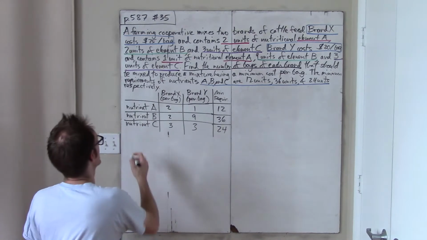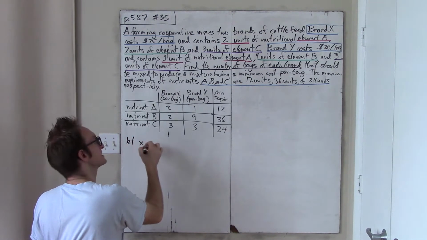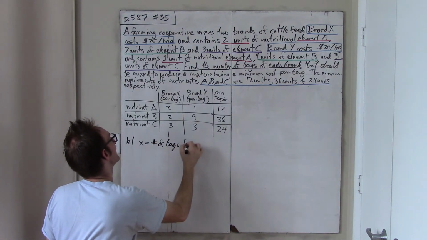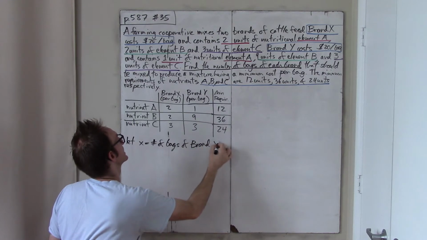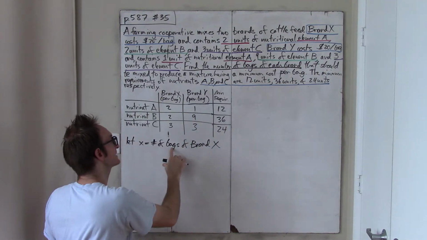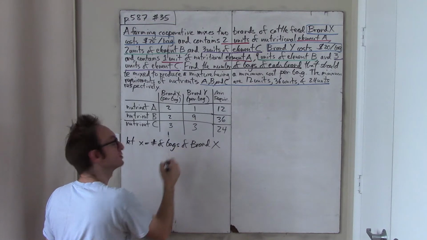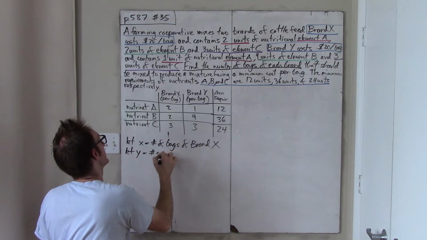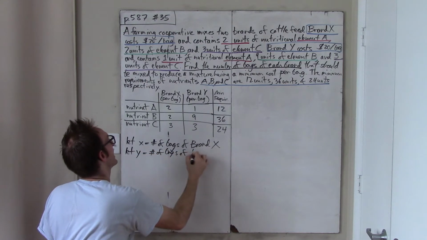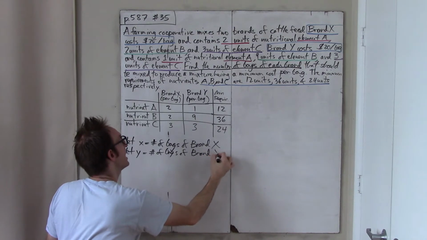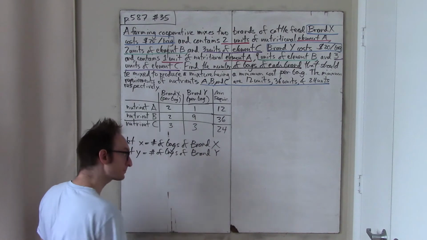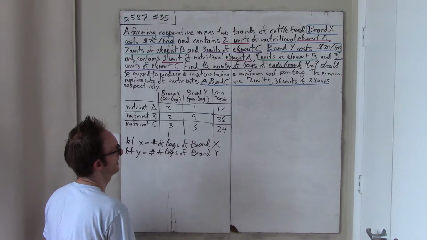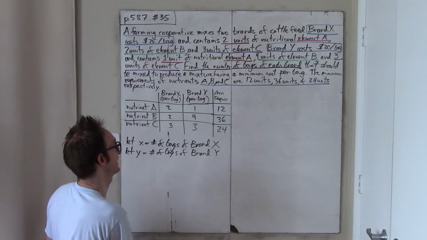So let little x be the number of bags of brand X which I will add to my new giant homemade bag, and let y be the number of bags of brand Y which I will add to my giant homemade bag. Together, that will constitute this big homemade bag.